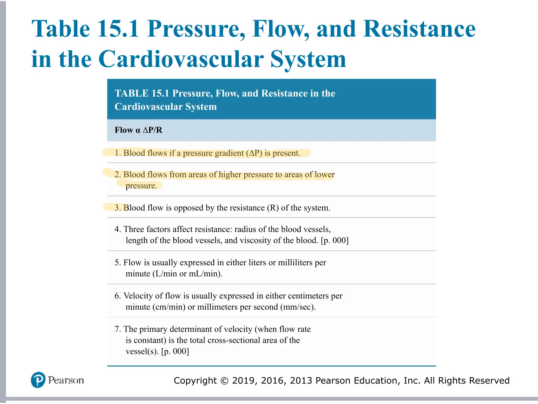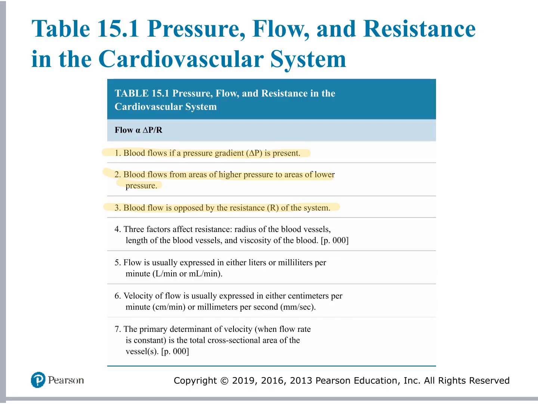Number 3, blood flow is opposed by the resistance of the system. This goes back to Poiseuille's law, if you remember that from Chapter 14, and also a little bit from Chapter 5. But Poiseuille's law shows that resistance is proportional to length times viscosity over radius to the 4th power.